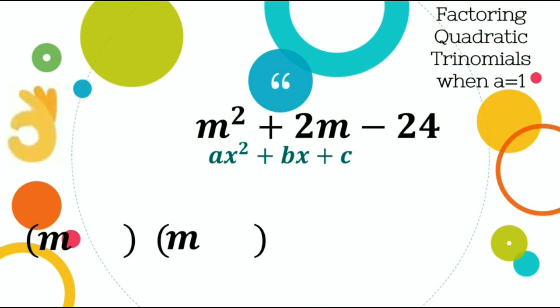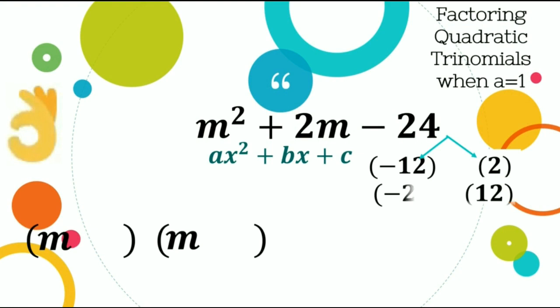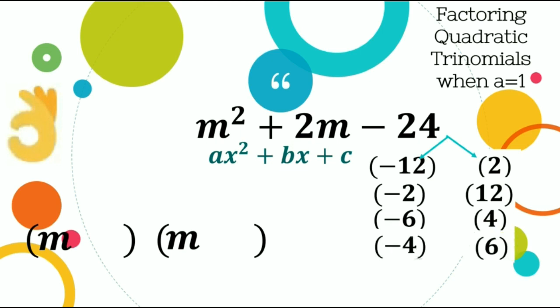And then, factors of negative 24: negative 12 times 2, negative 2 times positive 12, negative 6 times positive 4, negative 4 times positive 6, negative 8 times positive 3, negative 3 times positive 8.